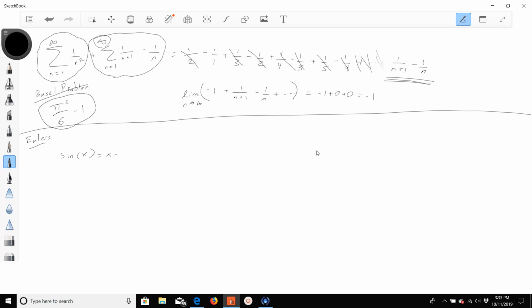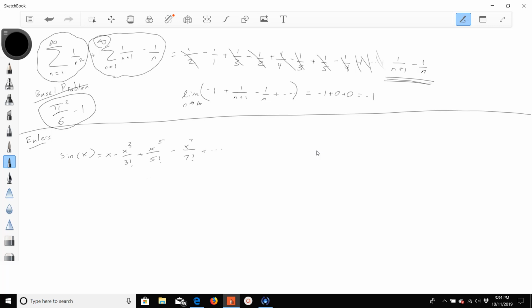That turns out to be equal to x minus x cubed over 3 factorial plus x to the 5th over 5 factorial minus x to the 7th over 7 factorial plus dot dot dot. And if you know any calculus, this should be very familiar to you.